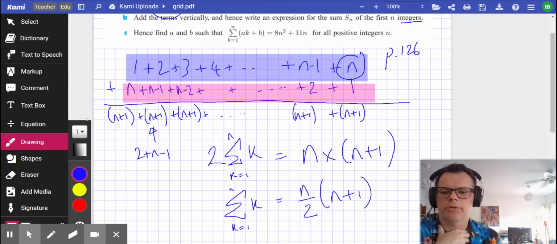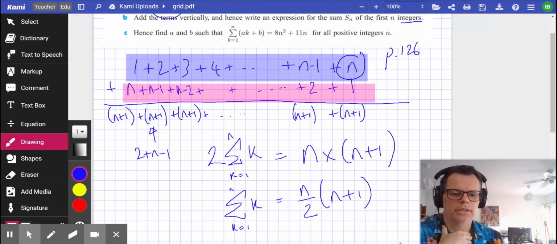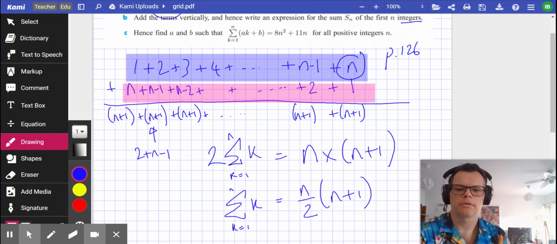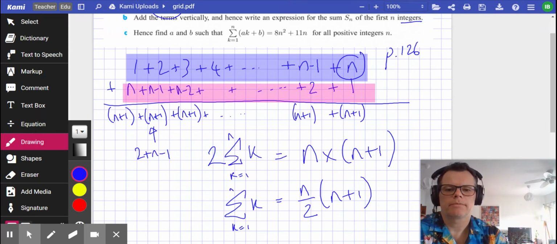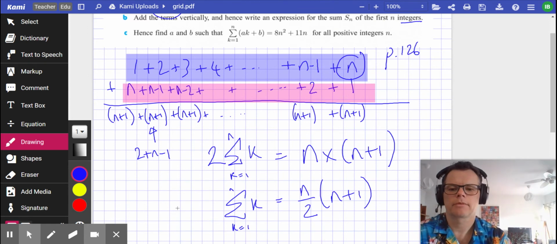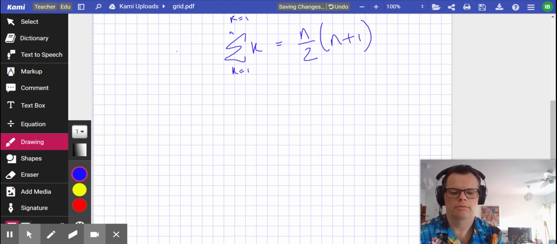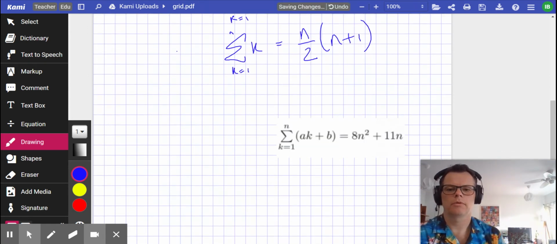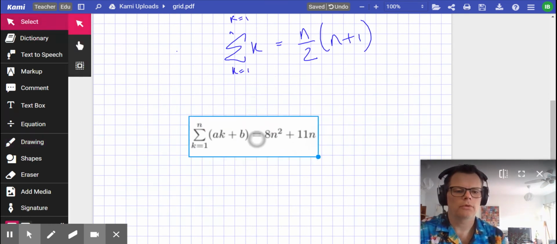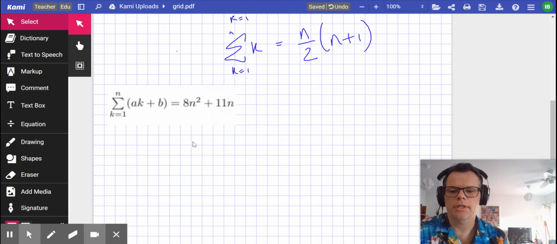Let me just snip that and put that down there. I think I know what it's saying. So what we're doing is the sum of ak plus b.